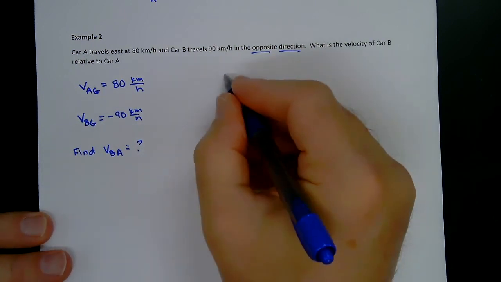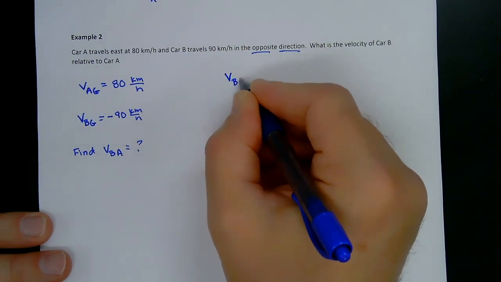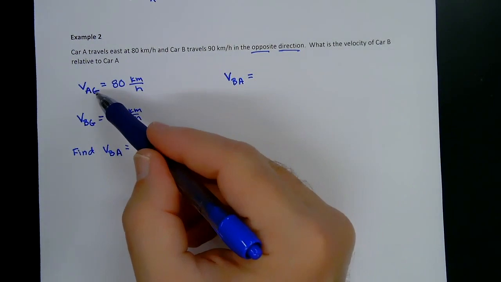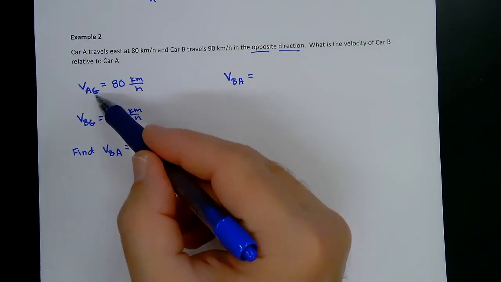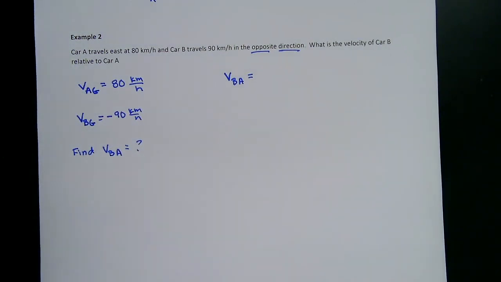All right, so we can do it this way. We're going to have the velocity of car B relative to A, and the thing it's connected to is the ground, right? So we can relate this to the velocity relative to the ground.